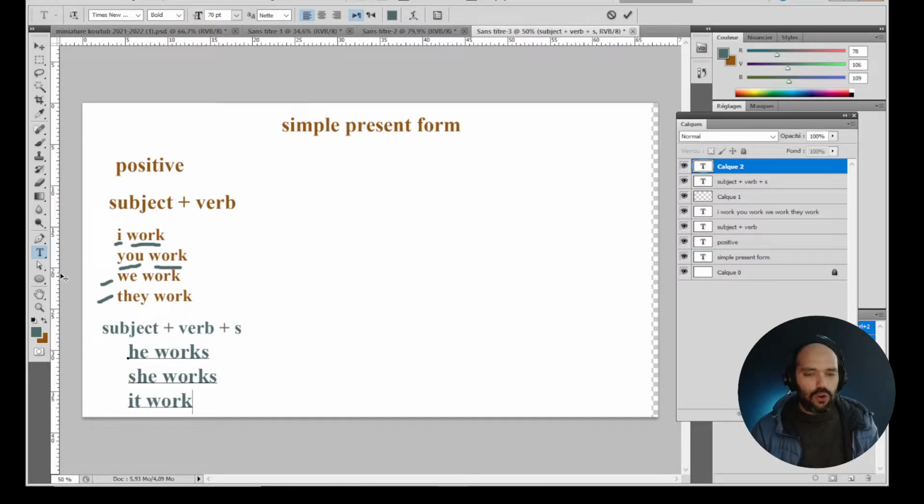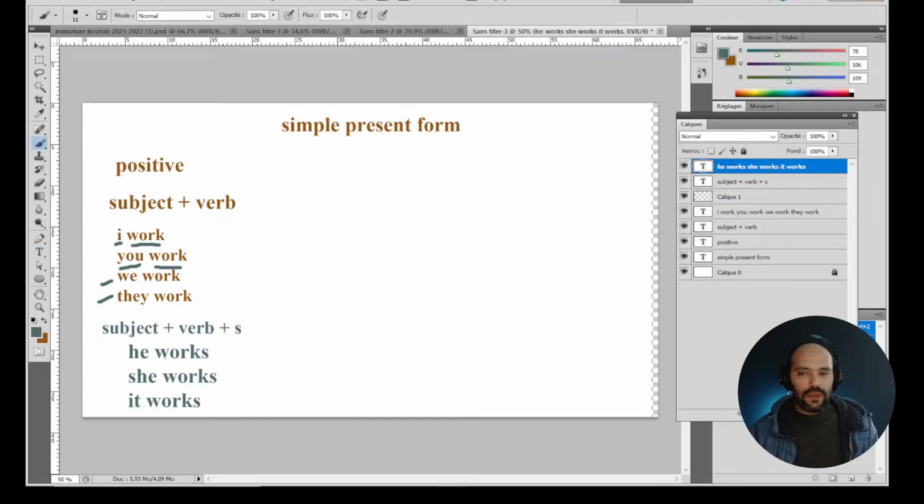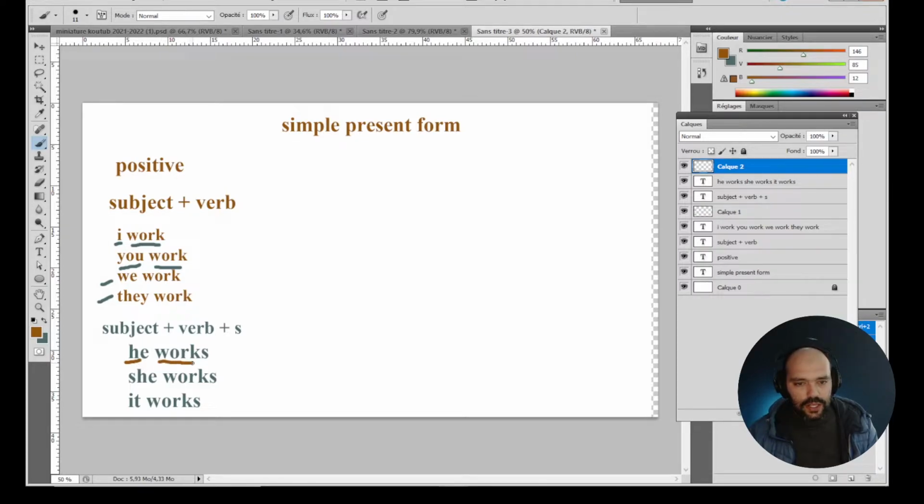It works. Okay. Here, he is the subject. Work is the verb. S, this S. Here, she is the subject. Work is the verb, and add S. And the same with it.